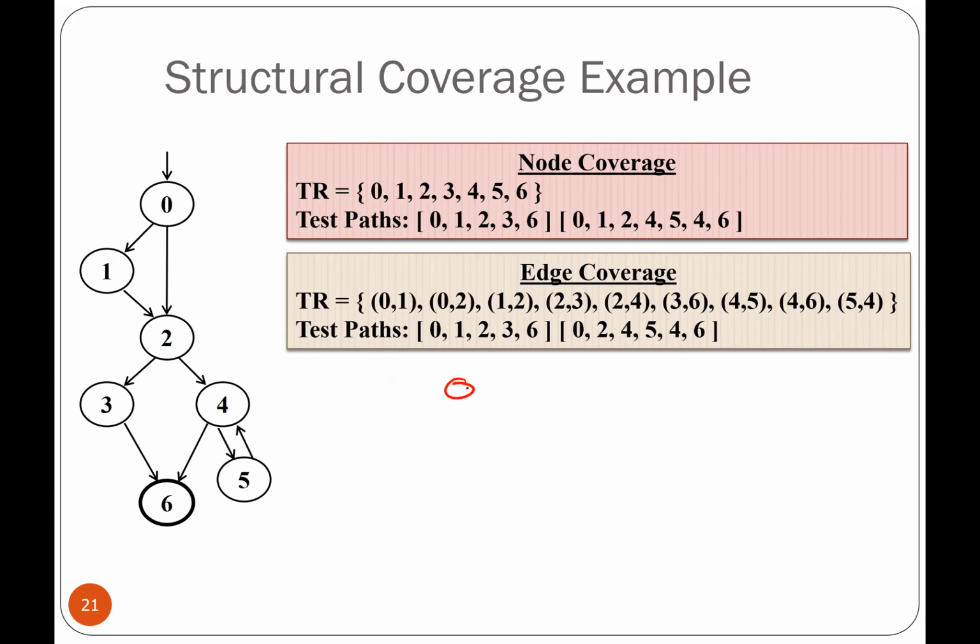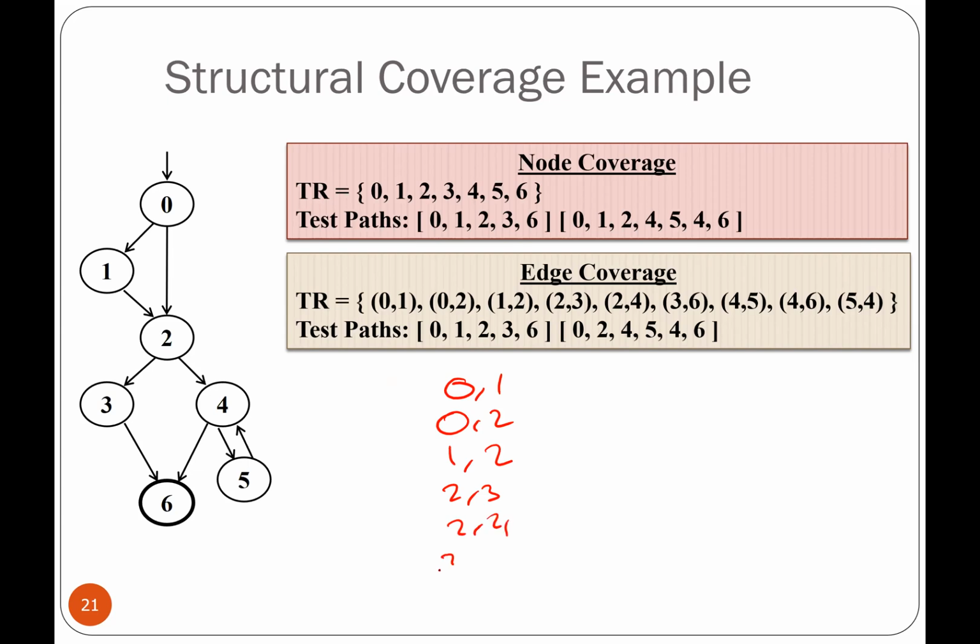So I looked at 0 and I said, how far can I get with 1 edge? Okay, 0, 1 and 0, 2, and that's as far as I can get with 1 edge. Then I get 1, and I got 1, 2 and 1, 3. So this systematic way can be applied on any length. Then 2, 3 and 2, 4.